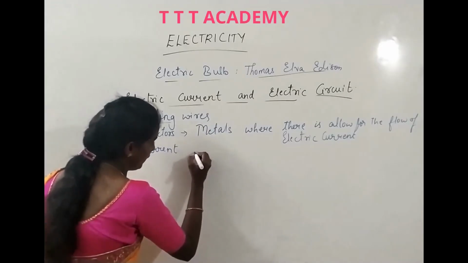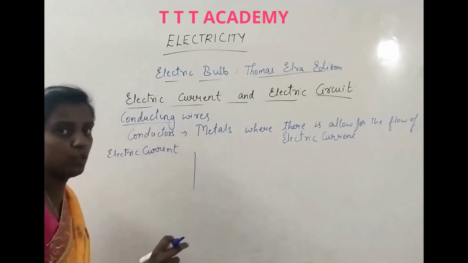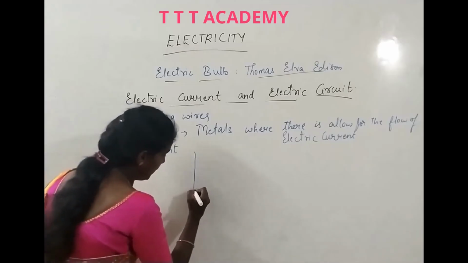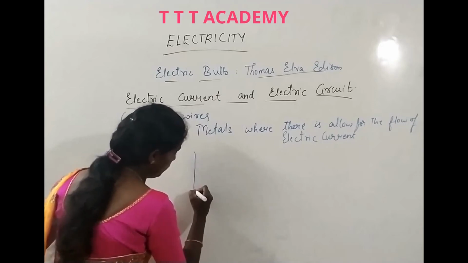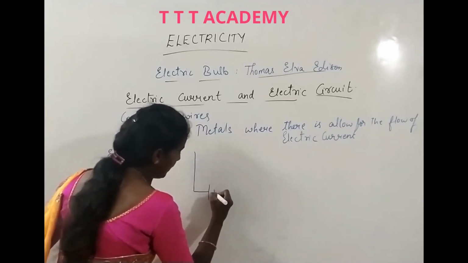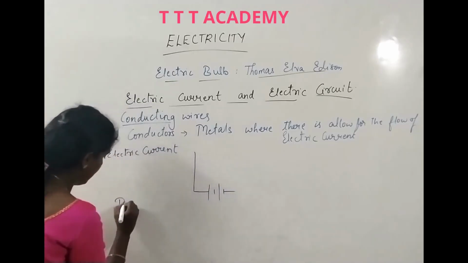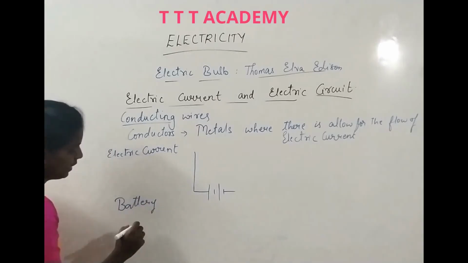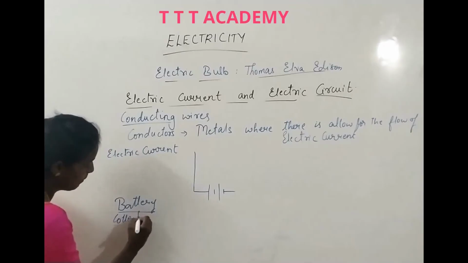So I am going to take a simple circuit made up of a metallic wire, for example copper. This will be connected with a battery. What do you mean by battery, children? We know that battery is nothing but a collection of cells. More than one cell is known as a battery.